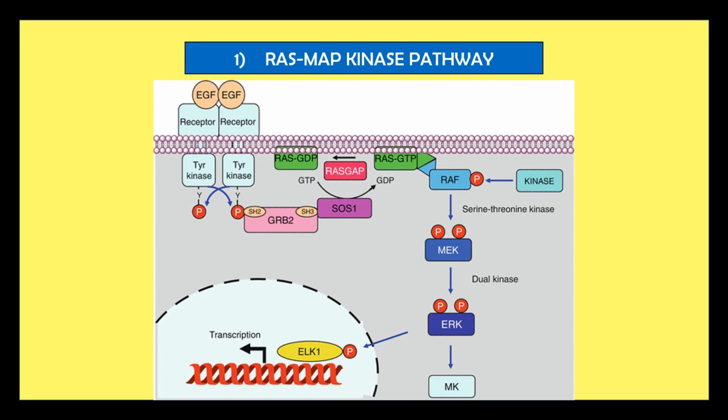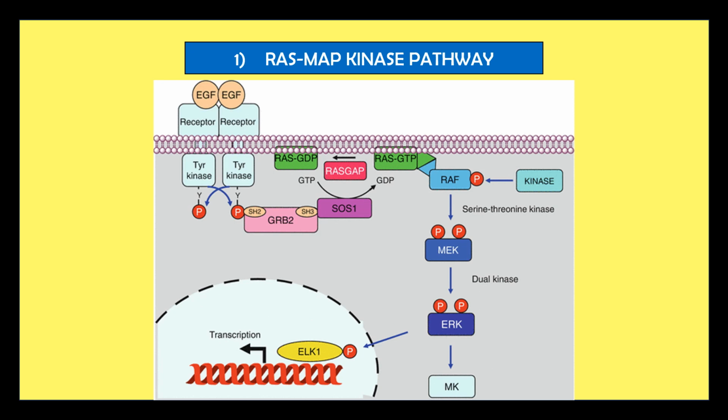The ligand-induced activation of an RTK stimulates its tyrosine kinase activity, which subsequently stimulates several signal transduction pathways, including the MAP kinase pathway. RAS is an intracellular monomeric GTPase switch protein and functions in transducing signals from many different RTKs.